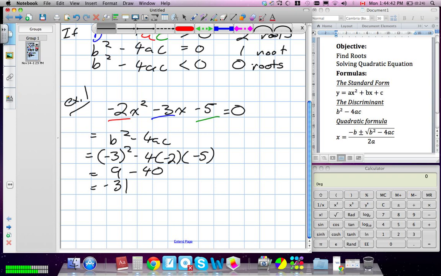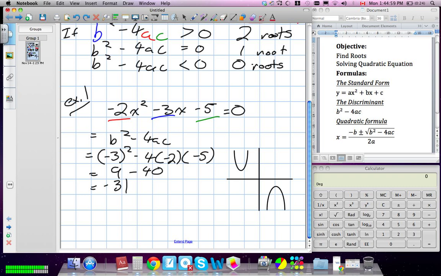That means we're going to have some quadratic, because it still is a quadratic. We'll have something where the vertex is either above or below the x-axis. Okay? Now we just have to know how many roots there are. So there are 0 roots here. Okay? 0 roots. Next question.